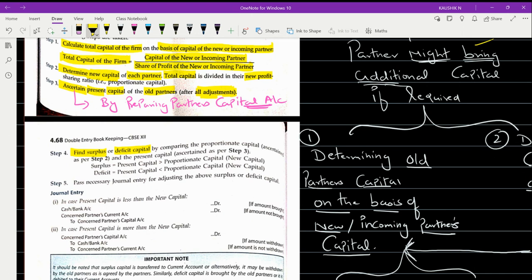So compare the amount in step 2 with the amount in step 3. That is what is mentioned here. By comparing the proportionate capital which you have ascertained as per step 2 with that of the present capital that is in step 3.